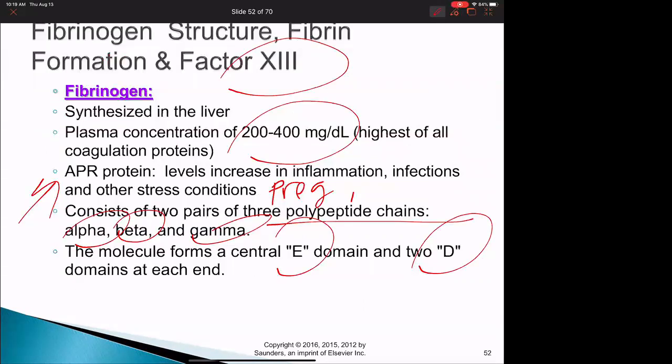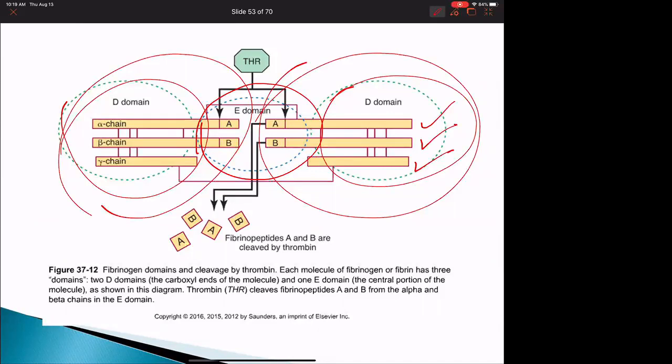So let me go back to that slide. Thrombin comes in and cleaves fibrinopeptides A and B, right over here. So this is the function of thrombin on fibrinogen. It comes in and cleaves right over here. It's only going to cleave the fibrinopeptides A and B of the alpha and beta chains.